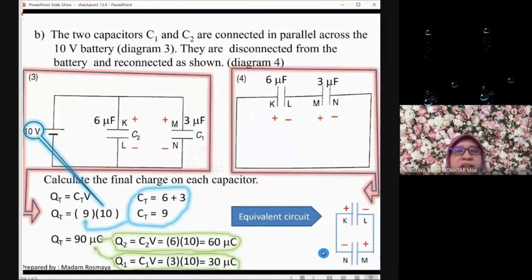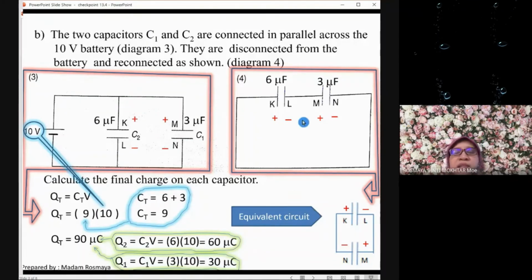So question 3A, it's not the same. The terminals are different now. The charge on each capacitor is also different, so the total charge also will be different.